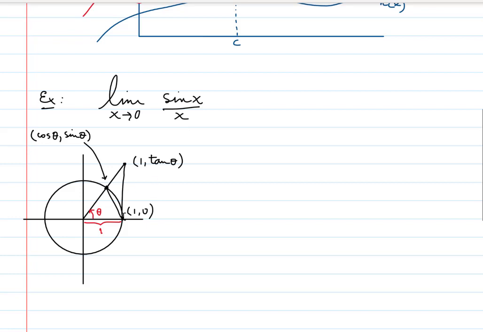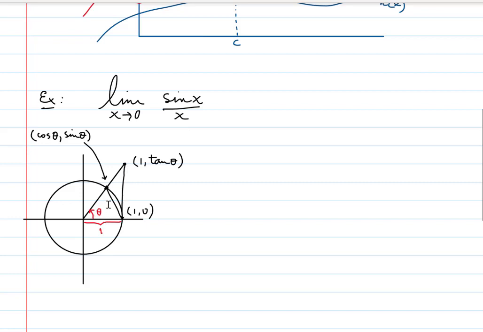Now, if we project or draw this bigger right triangle here, all the way over here, this point right here happens to be 1 comma tangent of theta. This shouldn't be too hard to see. One side of that right triangle is 1, and the other can be derived in relation to theta. This length right here has to be tangent of theta. Why?